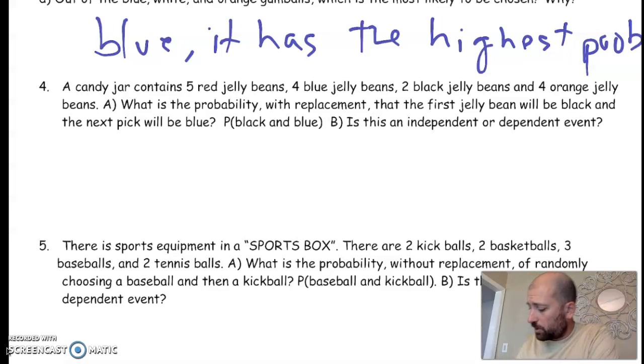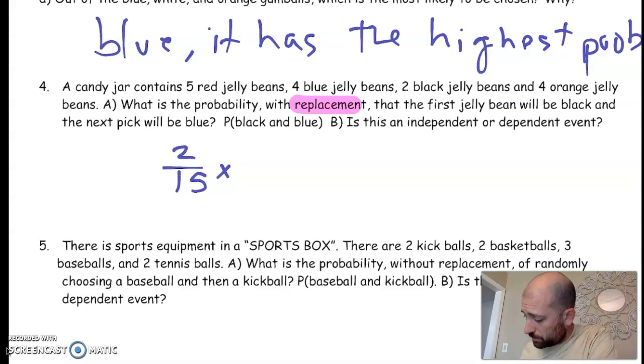What is the probability with replacement? That means this is independent probability. Independent means the probability doesn't change from one to the next. That the first jelly bean will be black and the next will be blue. Again, start by adding 5 plus 4 is 9, plus 2 is 11, plus 4 is 15, so they're out of 15. The first will be black, so black is 2 out of 15, and the next will be blue.